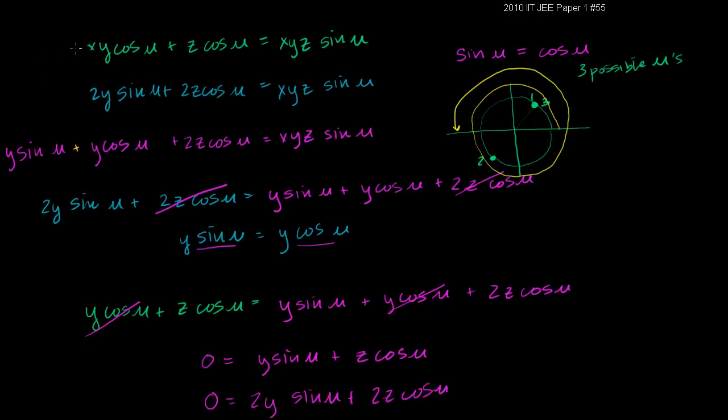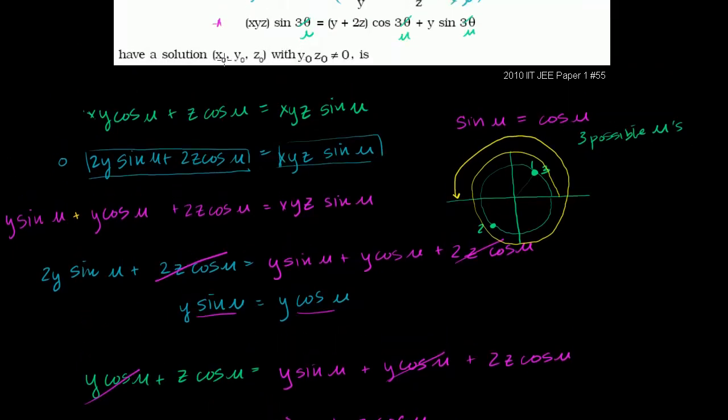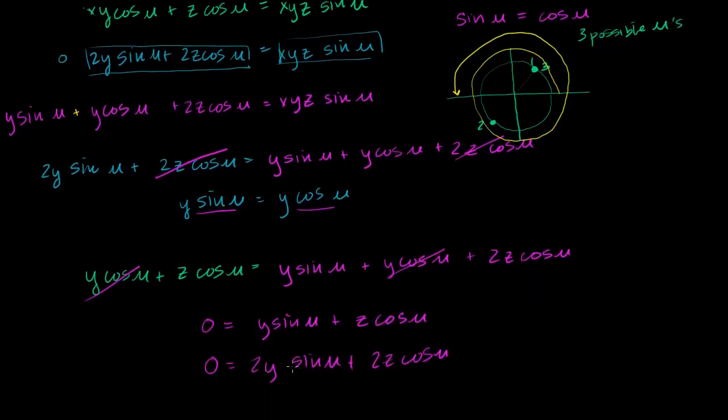So when I used this equation and this equation, I got a constraint that this expression right over here essentially needs to be equal to 0, which is okay, because u could make the sine equal to 0, or x can be equal to 0. Remember, they didn't put any constraints on x. X can clearly be equal to 0, which could make this thing equal to 0. So it's not limiting our constraint.